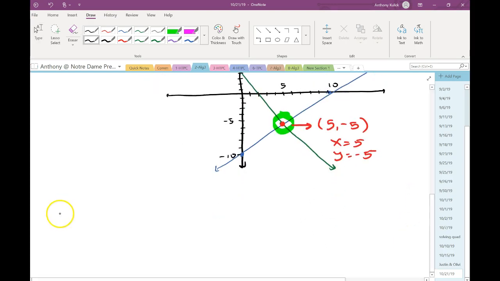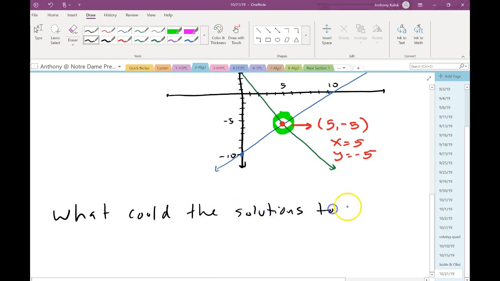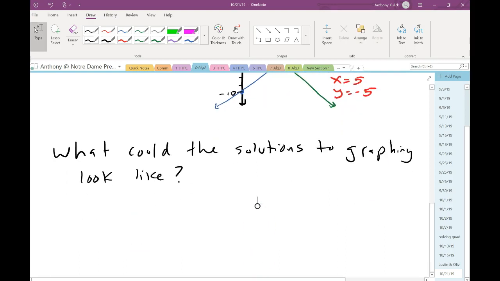So let's ask this question. Let's ask ourselves, what could these solutions to a graphing problem look like?